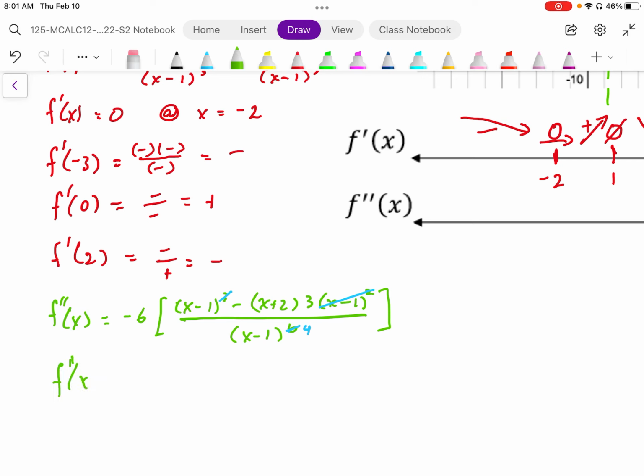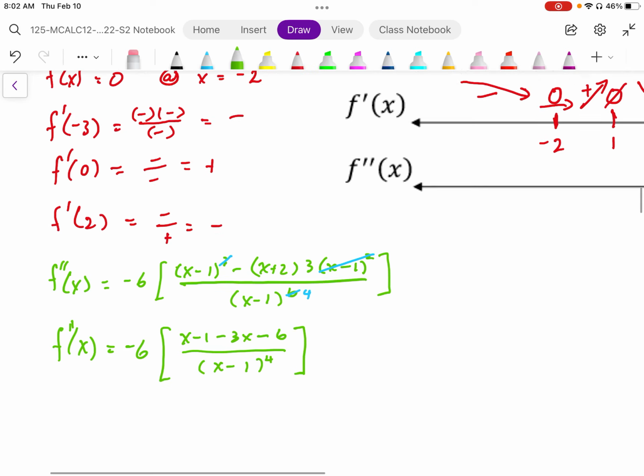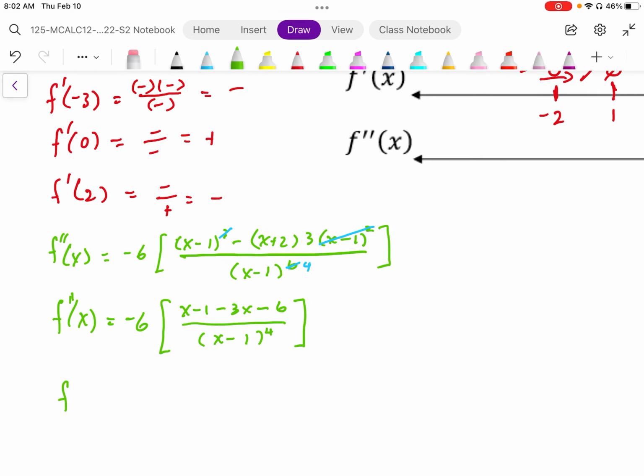So f double prime is going to be -6. When I simplify this, I get x minus 1, and then here I'm going to end up with minus 3x minus 6. So this becomes (x minus 1) to the power 4. Okay, I can simplify this. My second derivative is going to be -6, -2x minus 7.